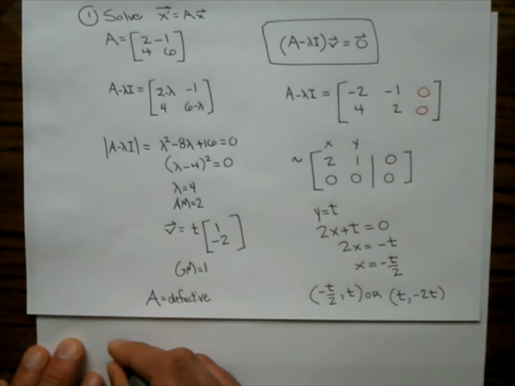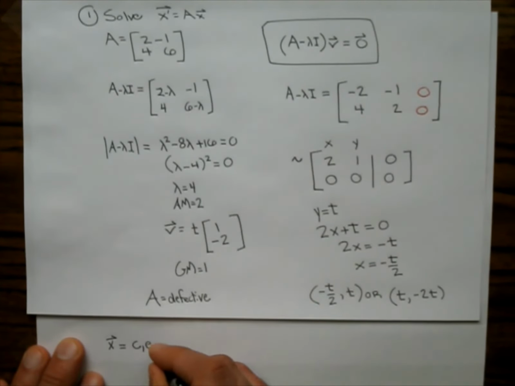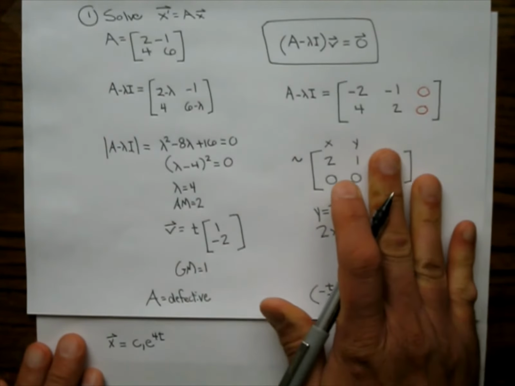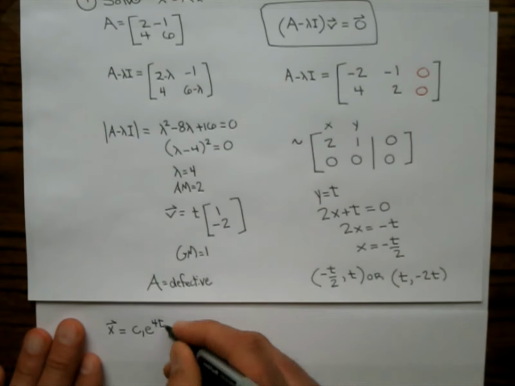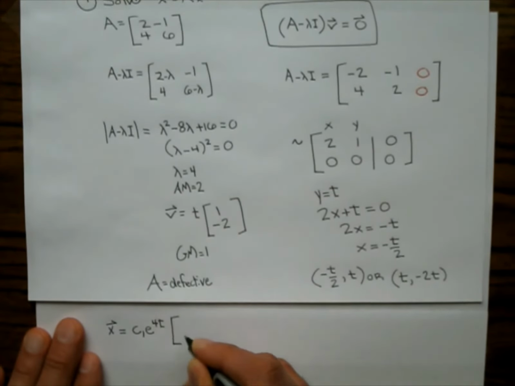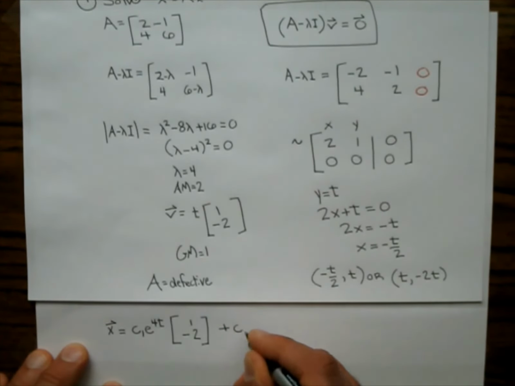So my solution is going to be x bar equals C1, and then I use this eigenvalue, e to the 4t times the eigenvector, or any eigenvector, and I will go 1, -2, plus C2 times.